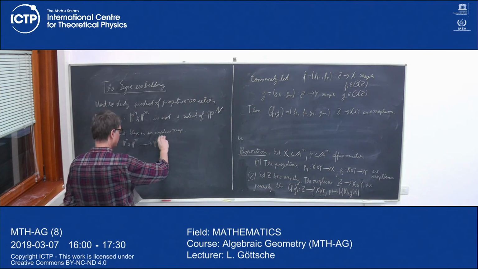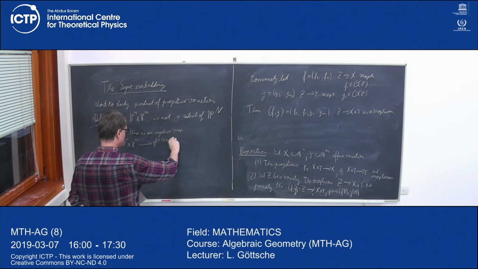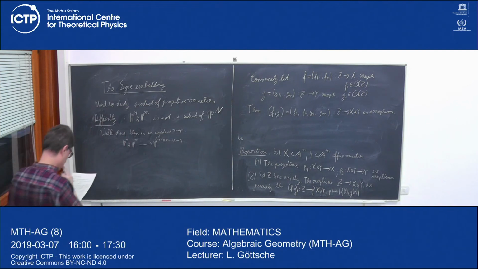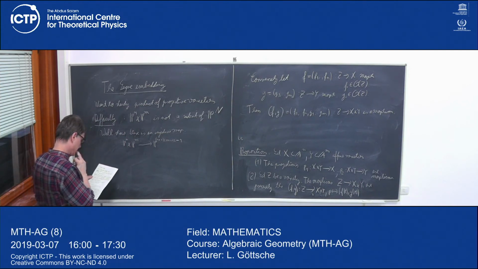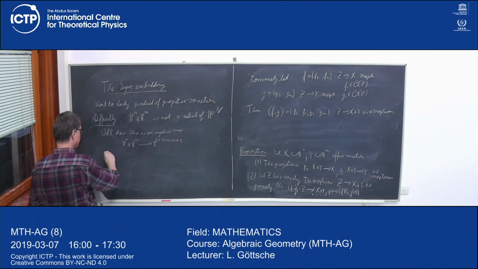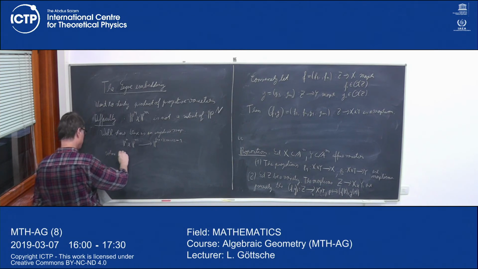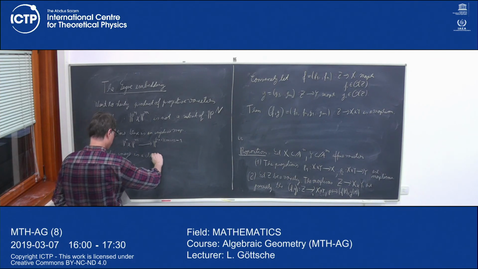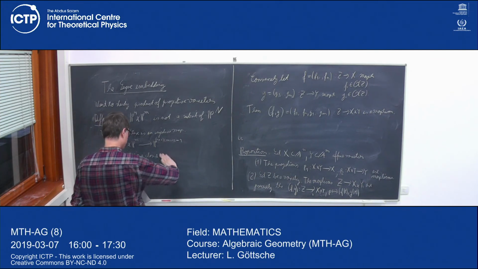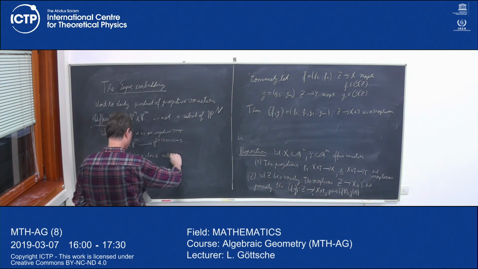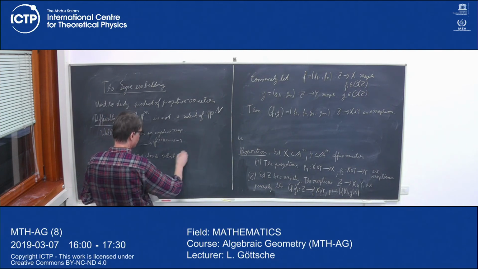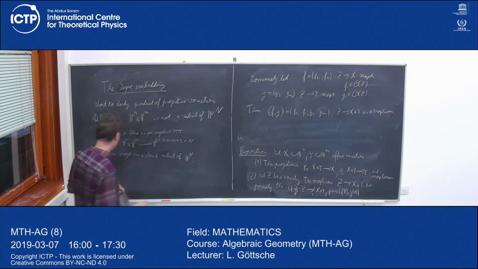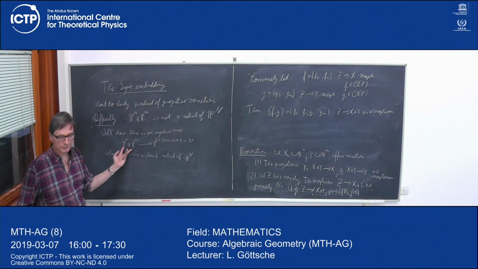It's (n+1) times (m+1) minus 1, so a rather big space, whose image is a closed subset. And so if we identify these, this becomes a projective variety.